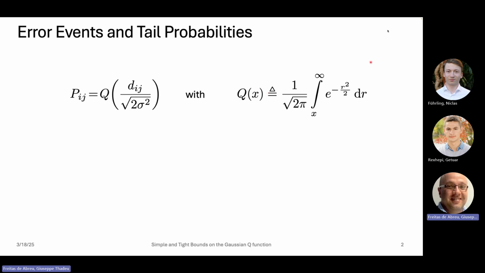So in general terms, we can therefore say that these pairwise error probabilities are Gaussian Q functions of ratios between the pairwise Euclidean distance between the points in the constellation and a function of the noise, where the Gaussian Q function is in fact nothing but a rewrite of the error function, and this ratio here is directly related to the signal to noise ratio.